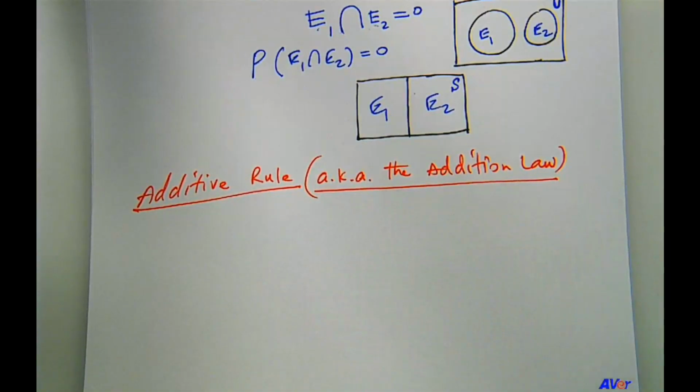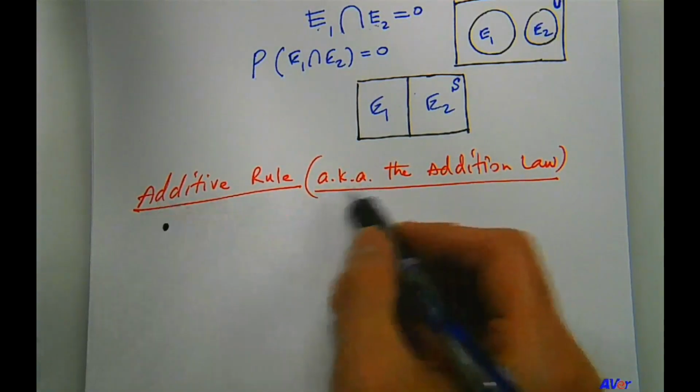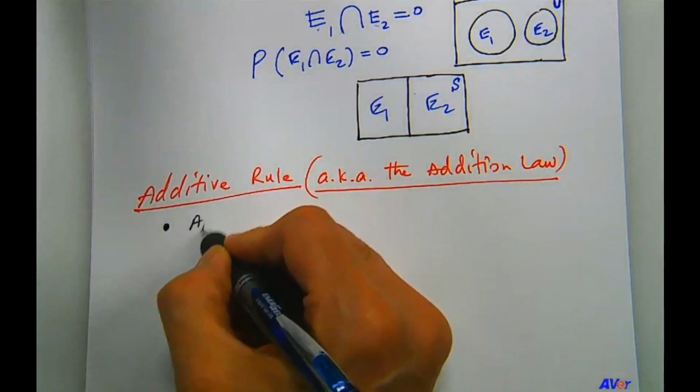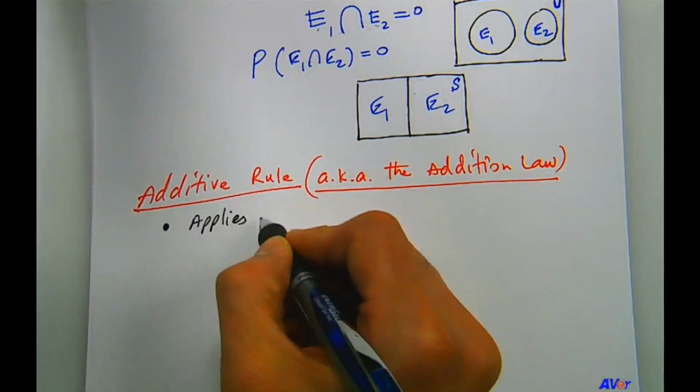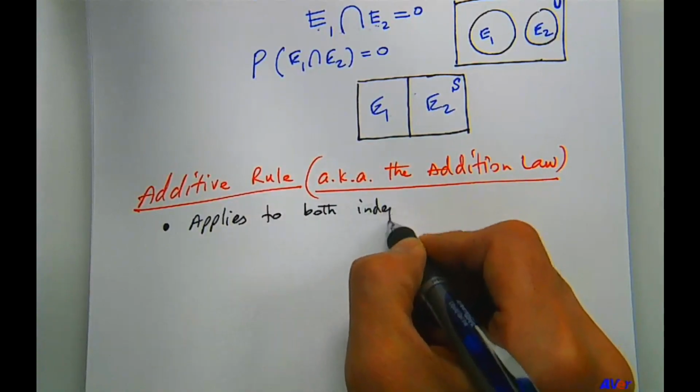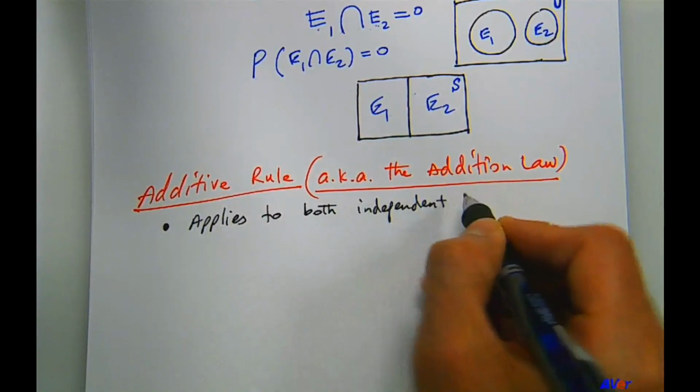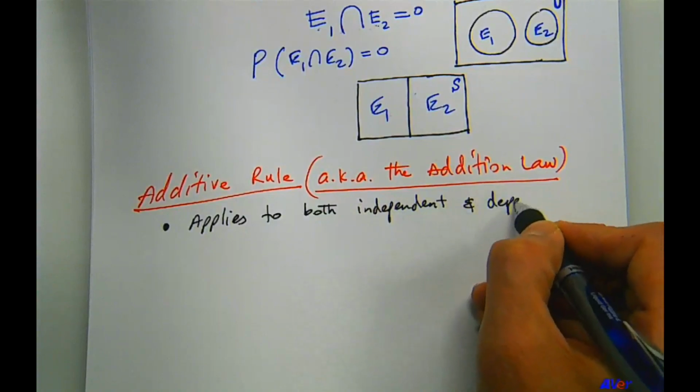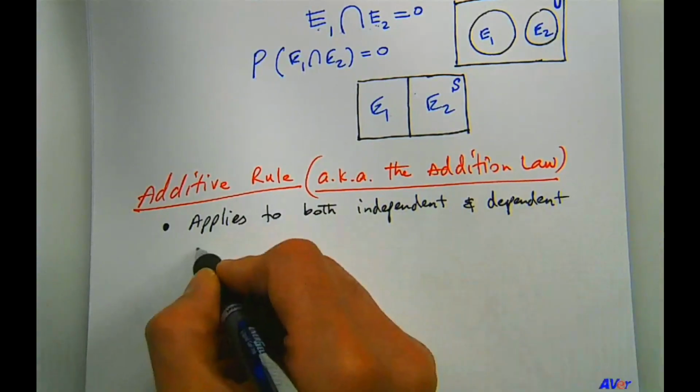The first thing I want to say here, and as we approach chapter 8, I want to remind you that random events can be either independent or dependent. So the additive rule applies to both independent and dependent events.